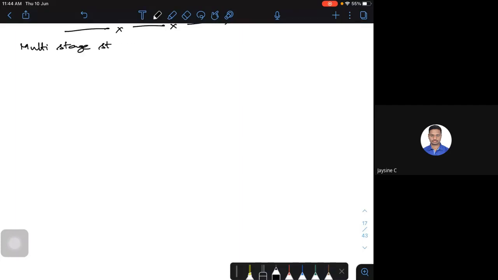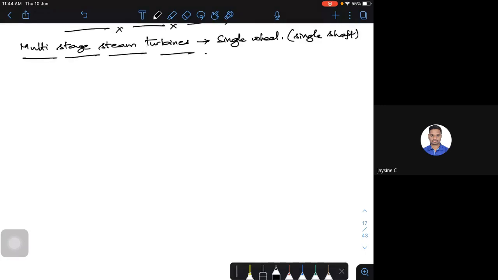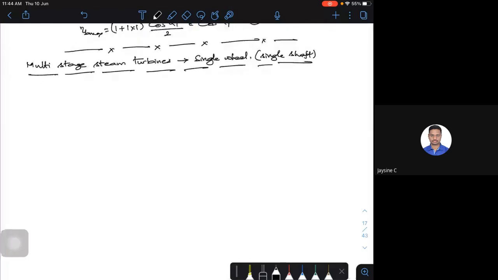This is on a single wheel, that means a single shaft. That is the meaning of it. So what is that? Multi-staging using a multi-stage arrangement.